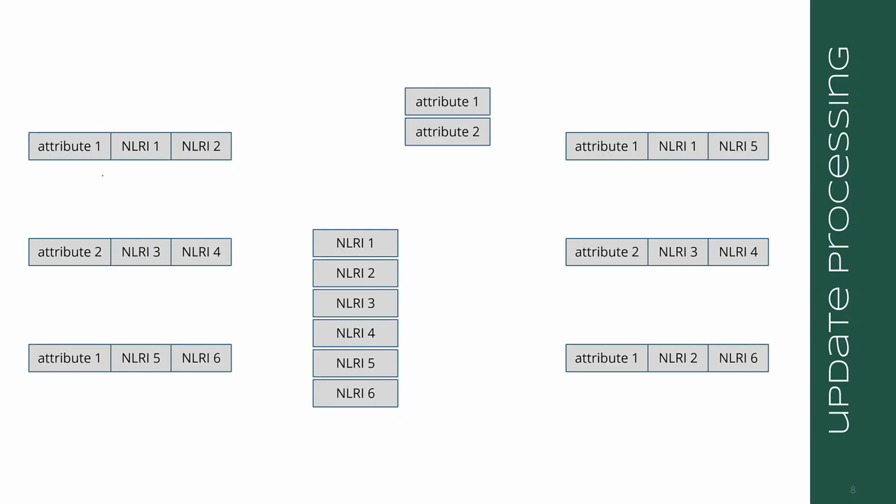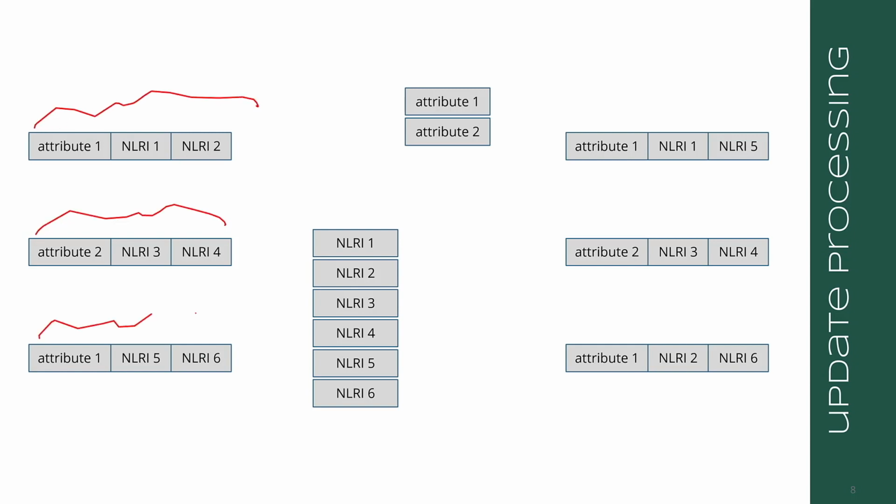So let's look at how this processing works and try to understand exactly how a BGP speaker handles updates, or reachability information, or routes, as they're called, because a route is really an NLRI plus its attributes. That's the technical meaning of a route, so I'll just call them routes. If I look at the MP-Reach TLV, I have an attribute and a set of NLRIs.